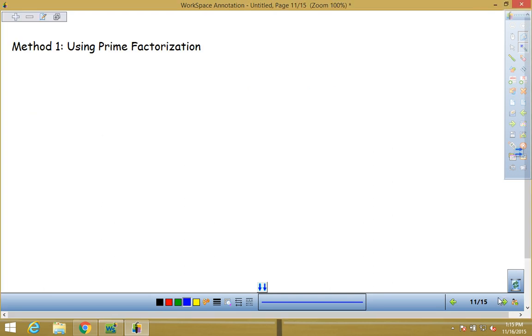So the first thing that we're going to do is prime factorization. So your title for today's notes is going to be GCF. And then you can just write prime factorize underneath, or you can write it method 1 using prime factorization.